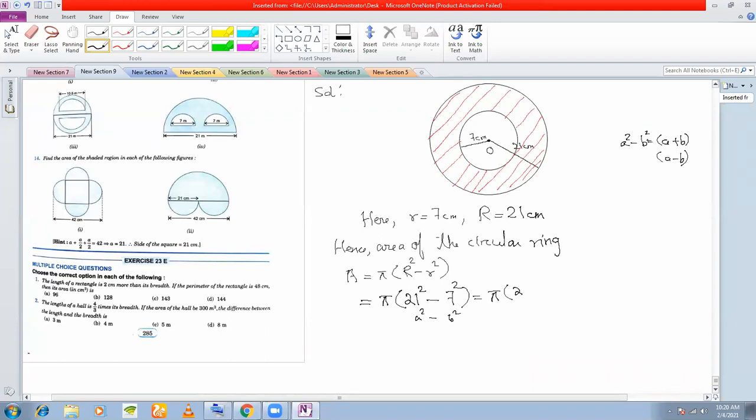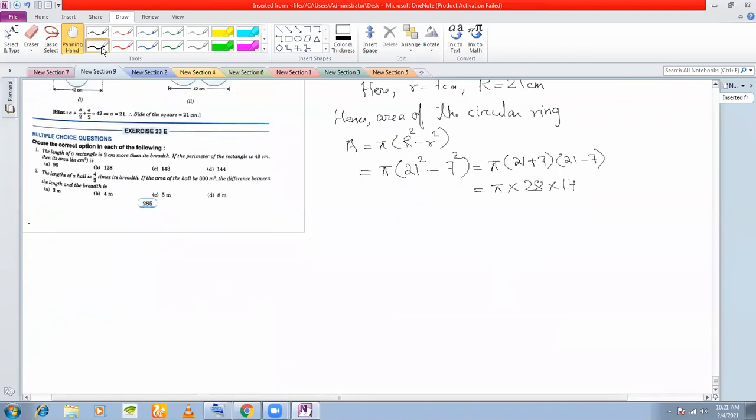So this is pi into 21 plus 7 into 21 minus 7. Now 21 plus 7 is 28, and 21 minus 7 is 14.